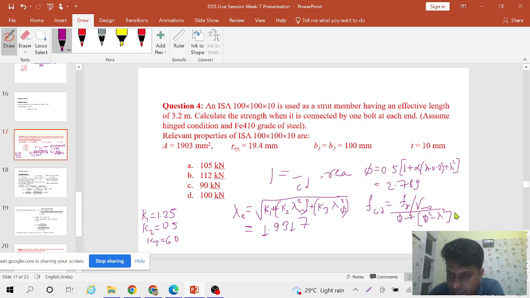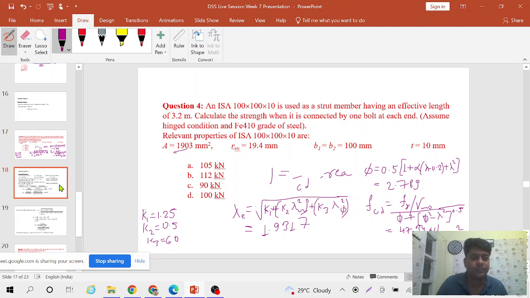So the value of P will be equal to the FCD 47.34 into the area, which is given here, 1903, which will be equal to 90.08 kilonewton. So in round figure it will be 90 kilonewton.